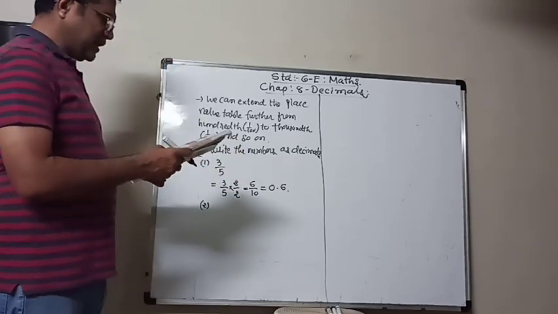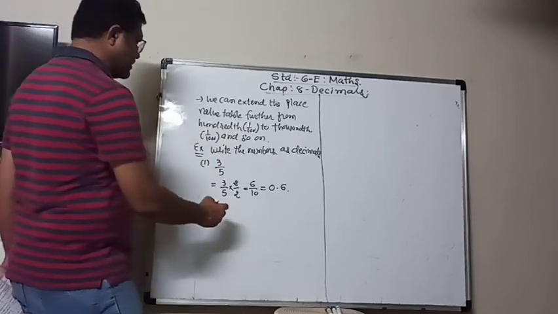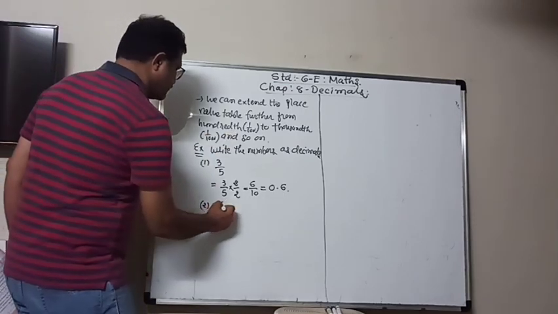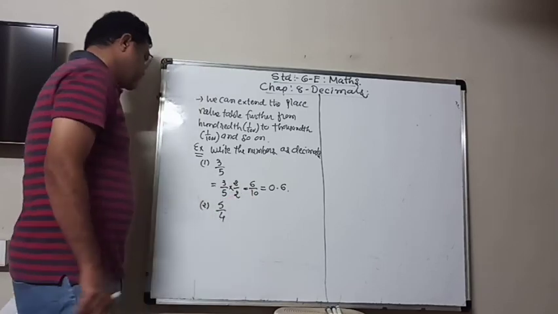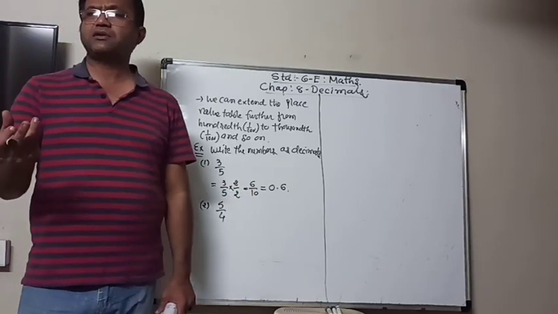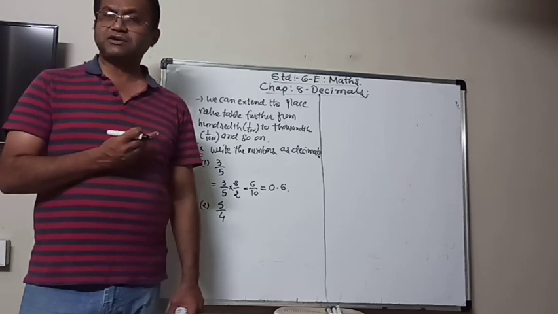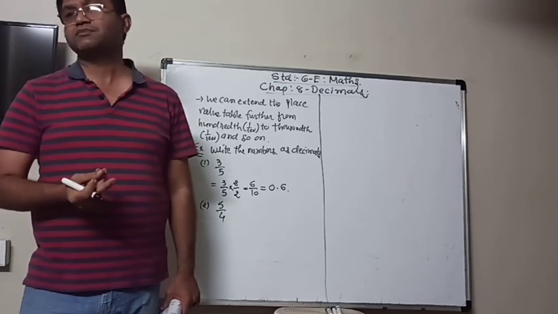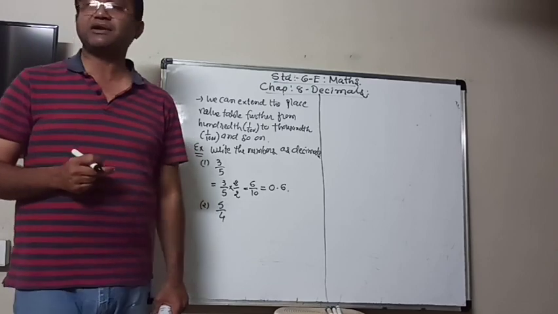Second, let us understand the number 5 upon 4. We cannot get 10 by multiplying 4 by any number, but we can get 100. 25 fours are 100.